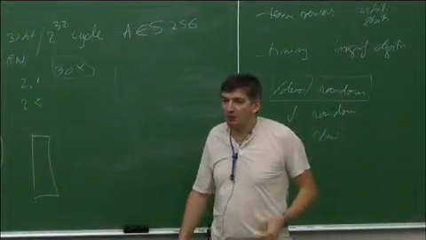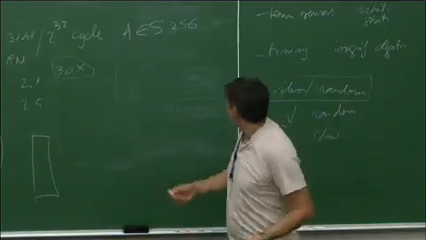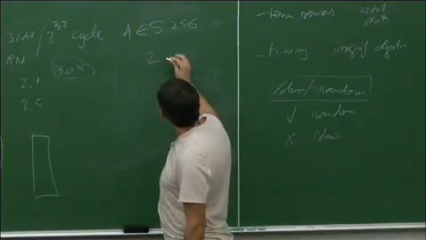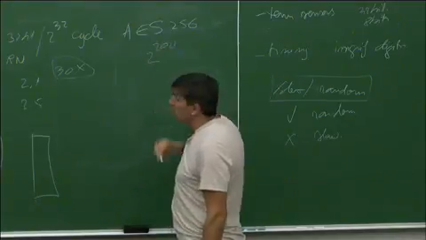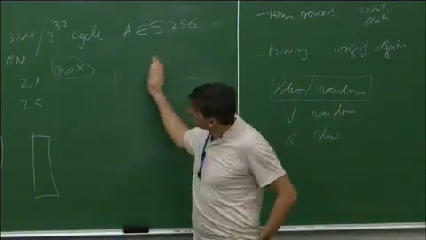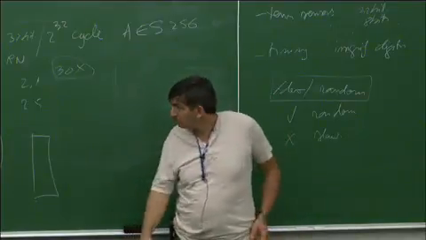It's known to be extremely secure. Even if I give you more than 2 to the 200 such pairings, you're not going to derive the key. That, in fact, makes it an ideal candidate for random number generation, okay?